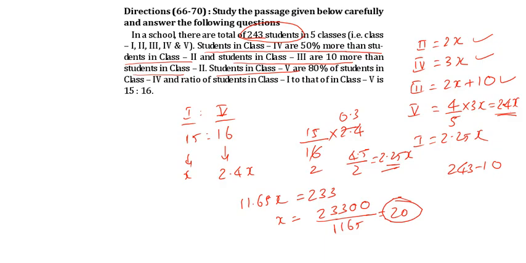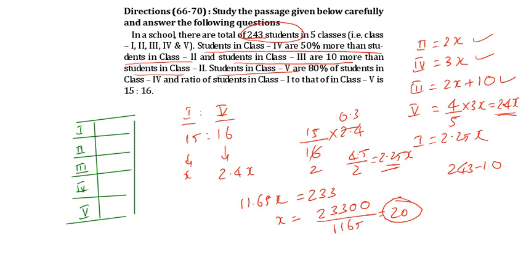If x value is 20, now we can frame one table. First, second, third, fourth, fifth. Now we can draw one table like this. See here, first class 2.25x, that means 2.25 into 20, that is 45.